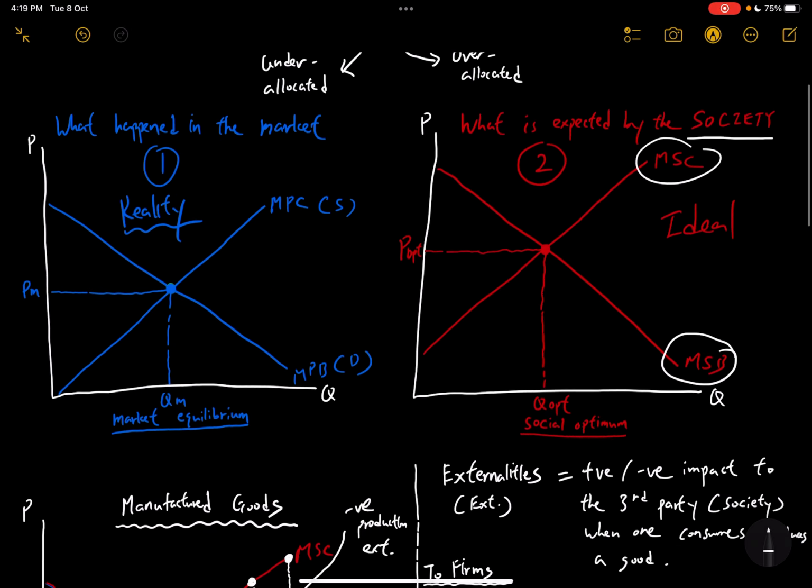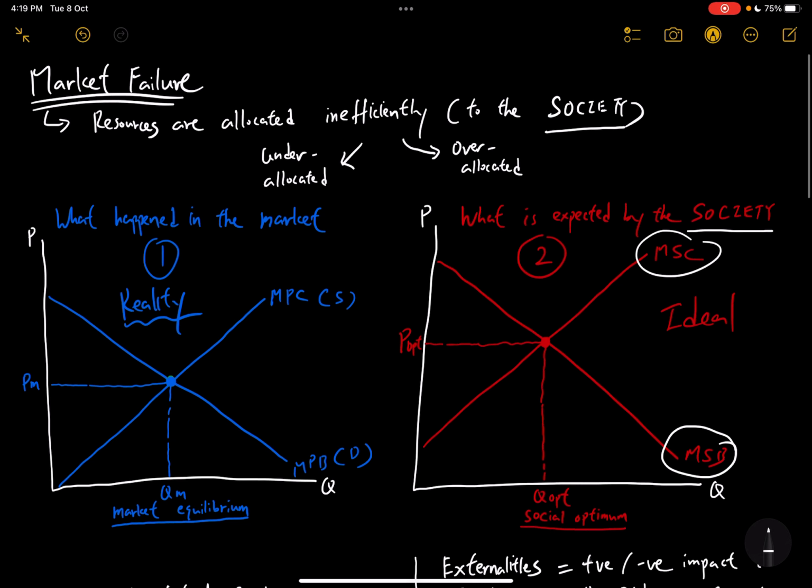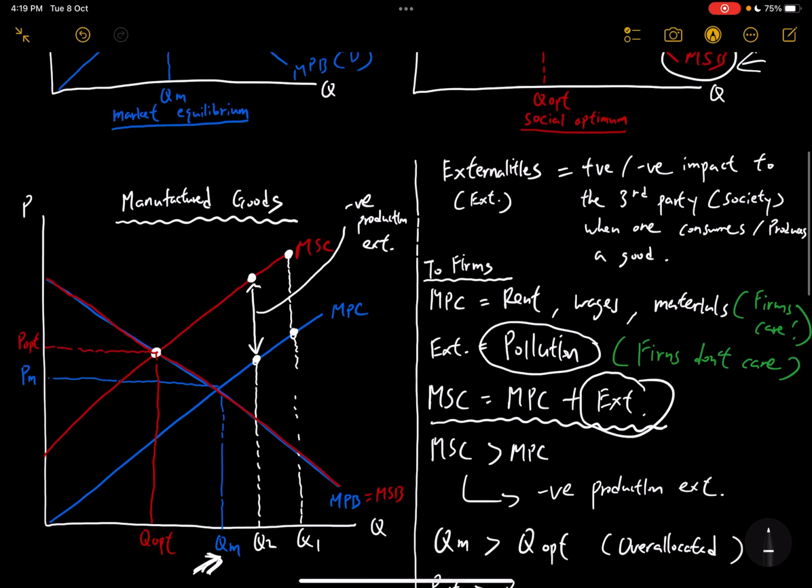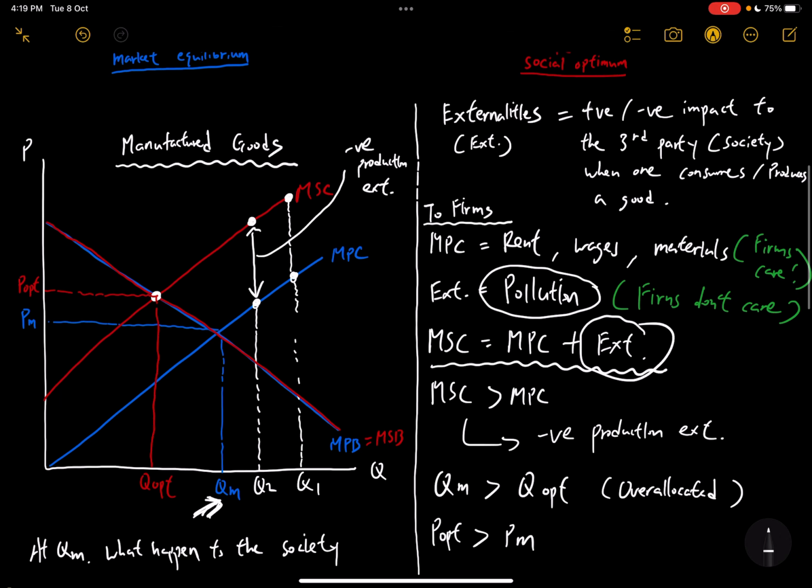If you would like to look at the society, we must compare MSC to MSB. Same thing here. If you go back to your diagram, you would look at what happened to MSB and MSC at QM, because that is the quantity that actually happened.